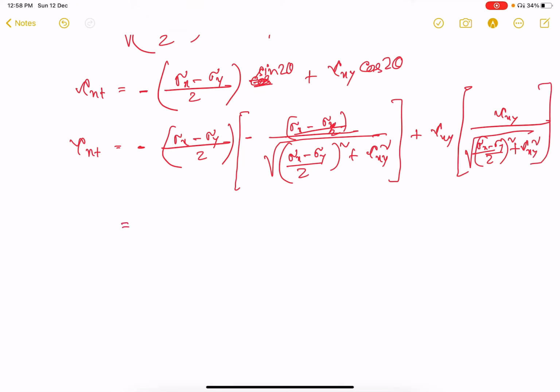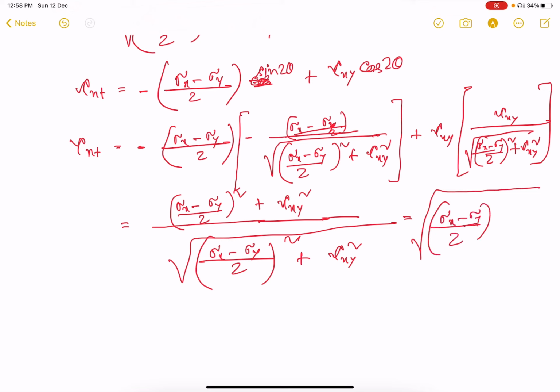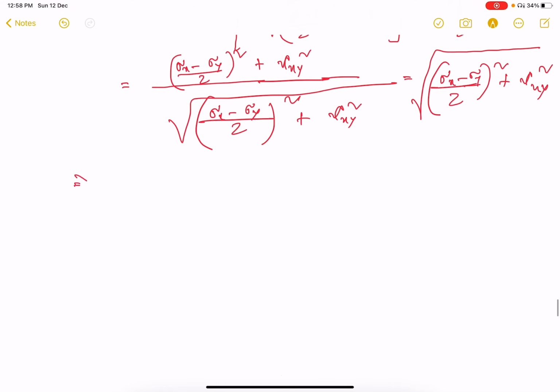So this becomes positive sigma x minus sigma y by 2 whole square, and if we take the LCM, the denominator is the root, and the numerator is sigma x minus sigma y by 2 whole square plus tau xy square.